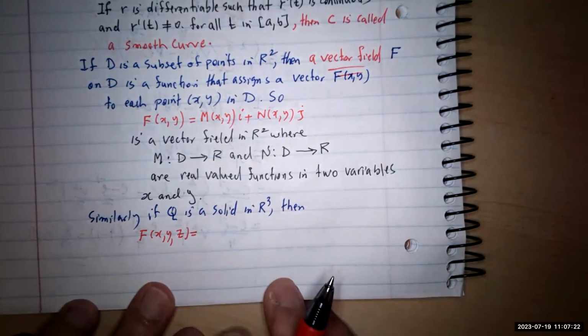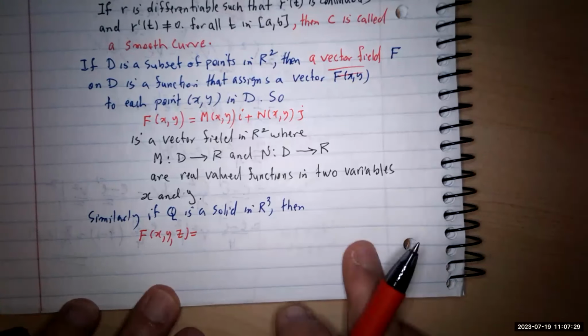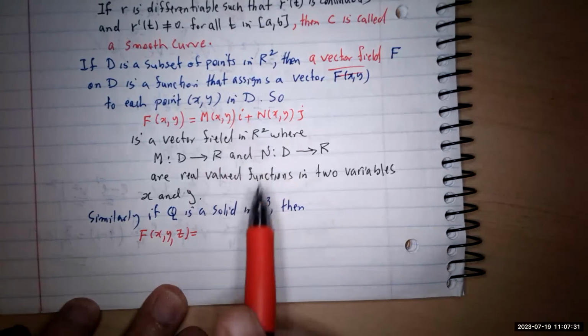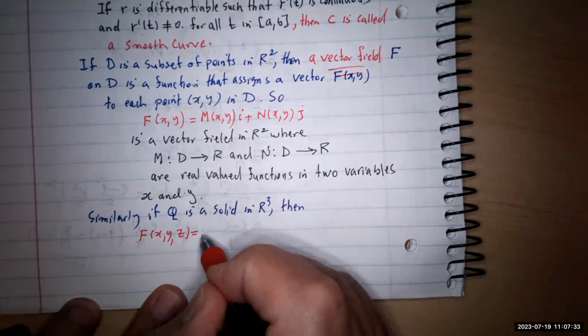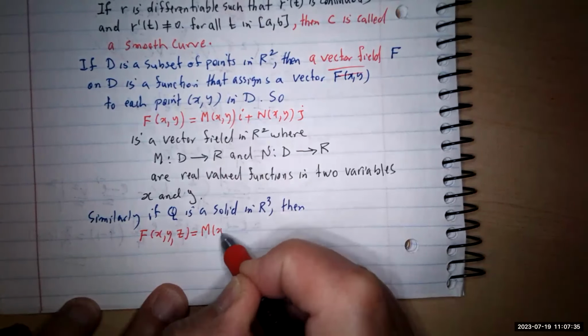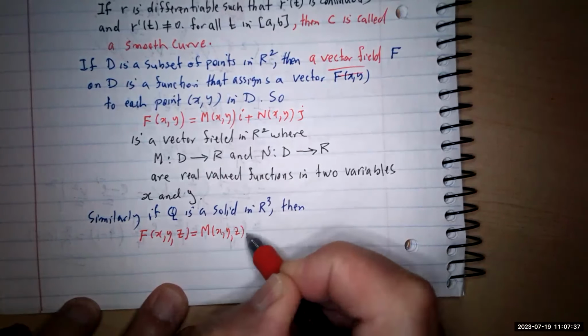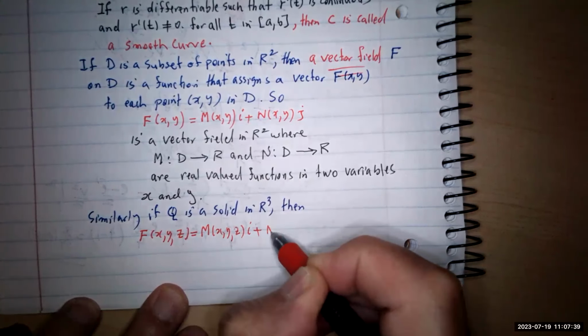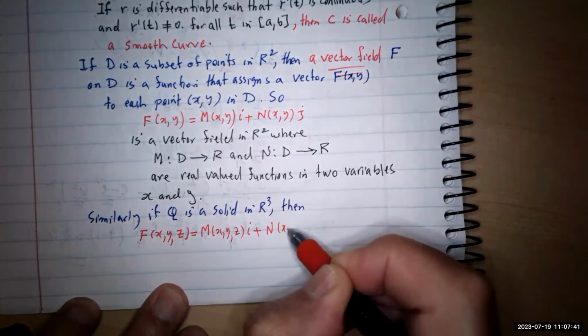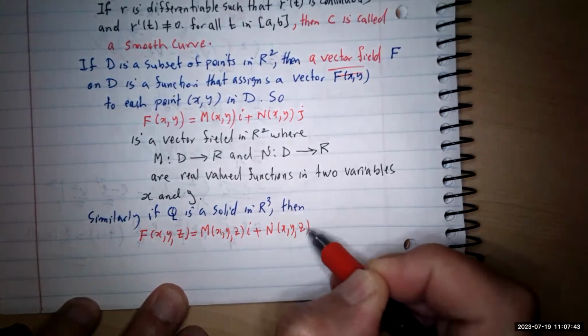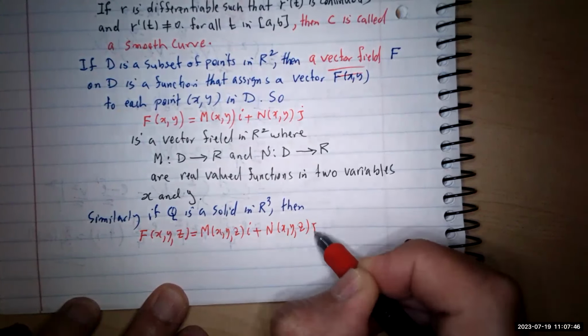So in R3, you have to write them in vector form, so you need three components. The components are denoted by m, a function of three variables, times i, plus n of x, y, z times j.